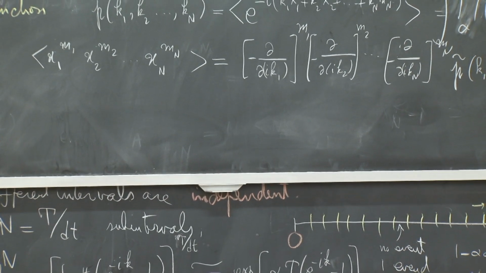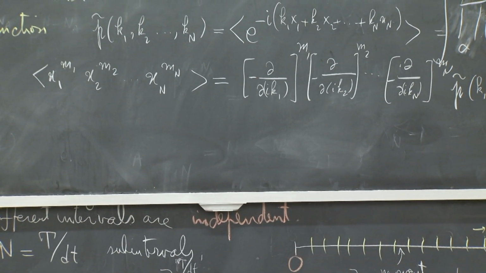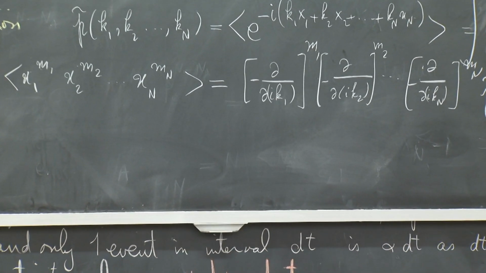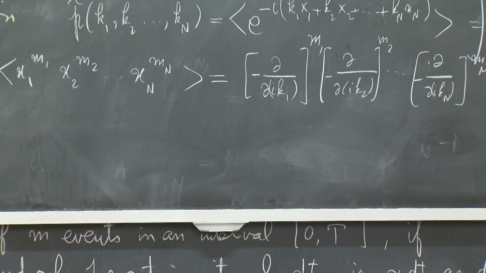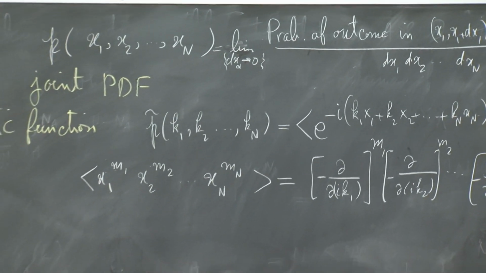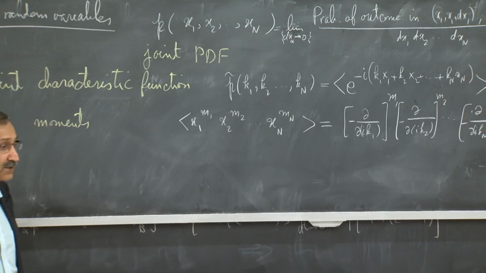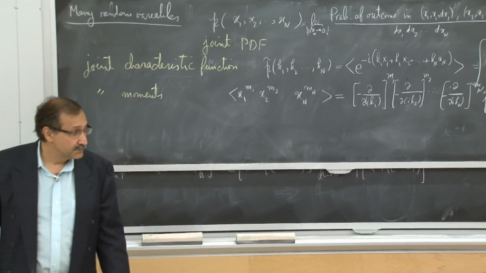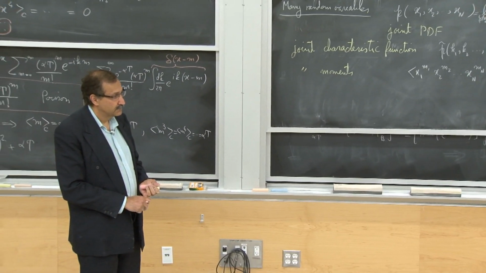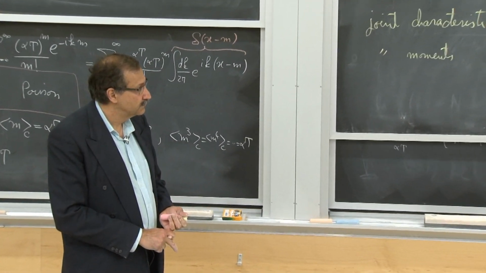So I can either take this function of multiple variables, k1 through kn, and expand it and read off the appropriate powers of k1, k2, or I can say that the terms in this expansion are generated through taking the appropriate derivatives.